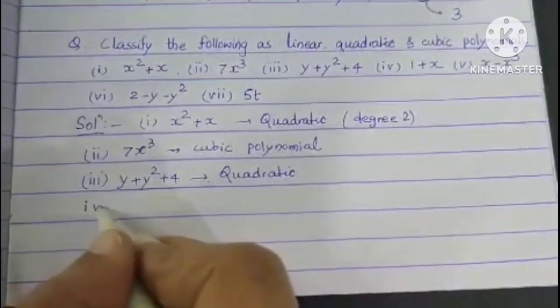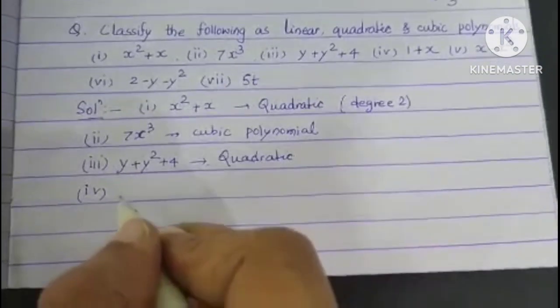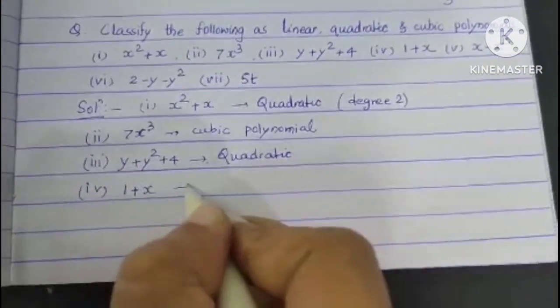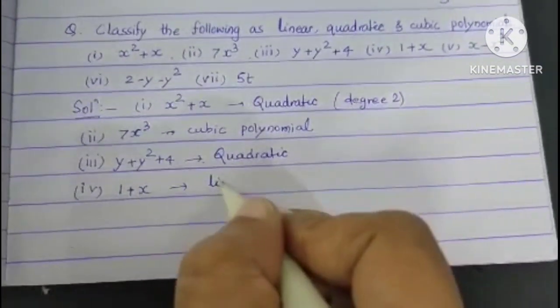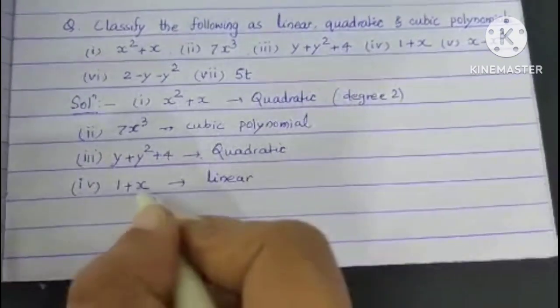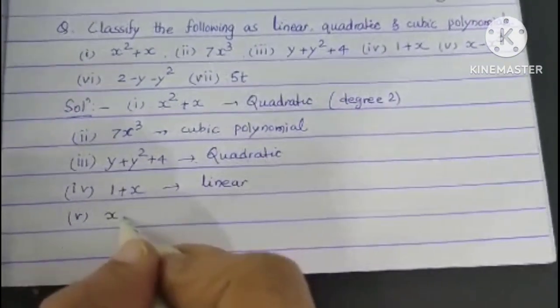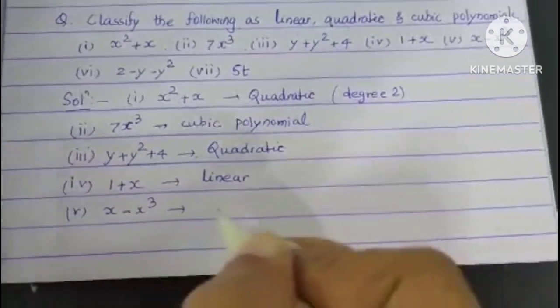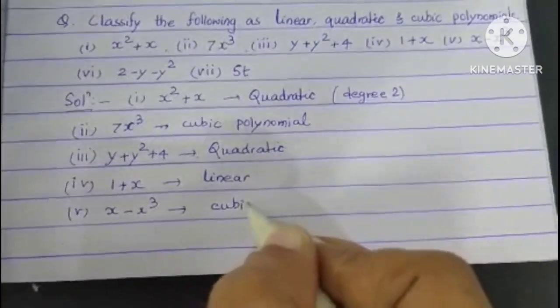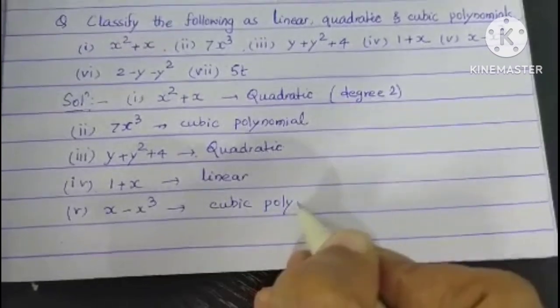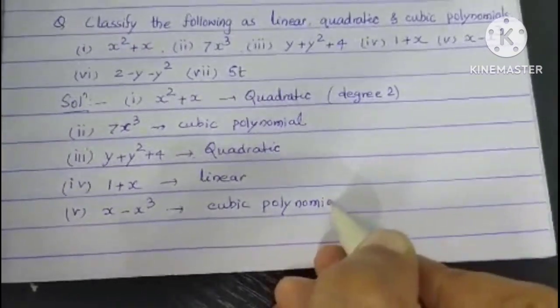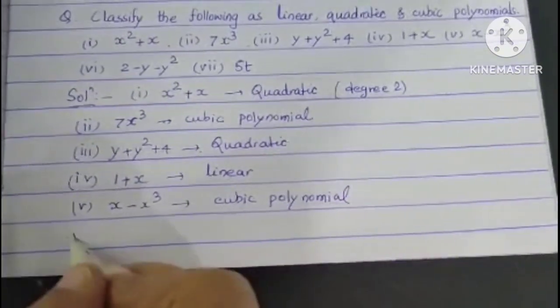Fourth one is 1 plus x. It will be a linear polynomial, having only degree 1. Fifth one is x minus x cube. This will be a cubic polynomial, having degree 3.